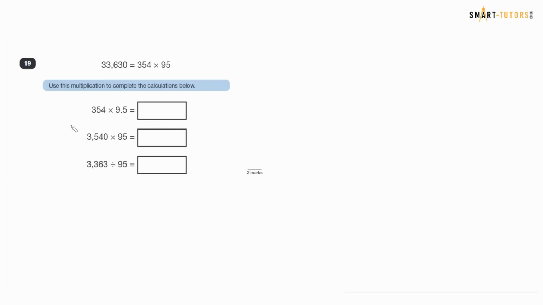33,630 equals 354 times 95. Use this multiplication to complete the calculation below. So you've got 354 times 9.5. 354 times 95 is 33,630, so you just have to cut out the 0 because there is a decimal point there.